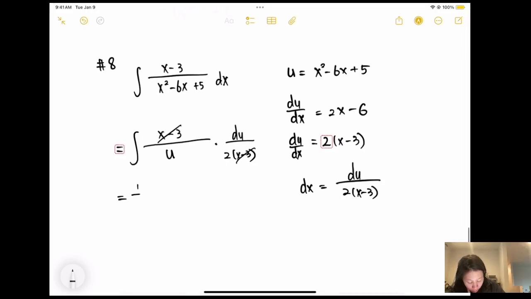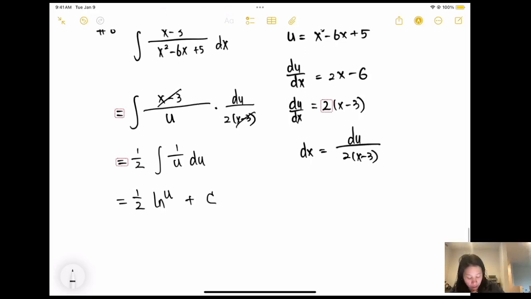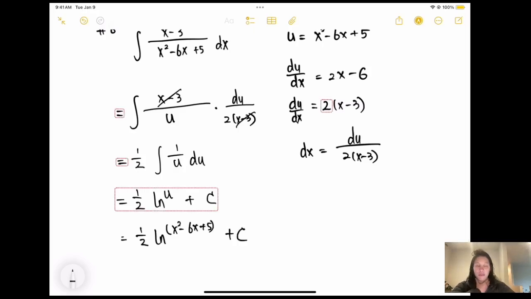Simplify, I have 1/2 times 1 over u du. And the antiderivative of 1 over u is ln, so I have ln u plus the constant term, which is ln of (x squared minus 6x plus 5) plus a constant. That's it.